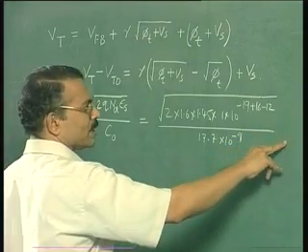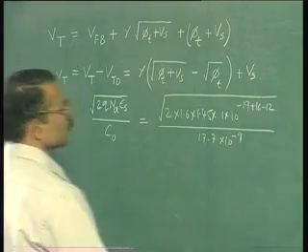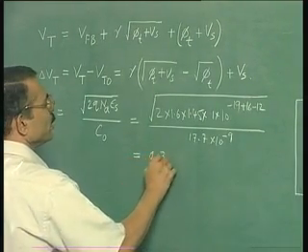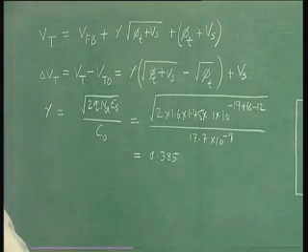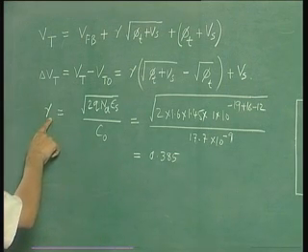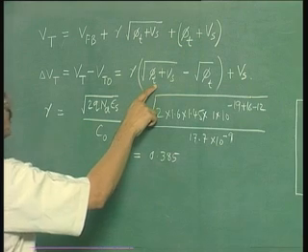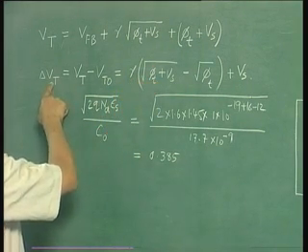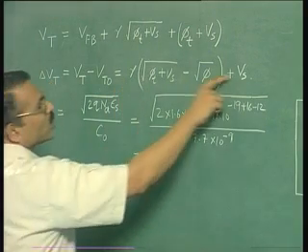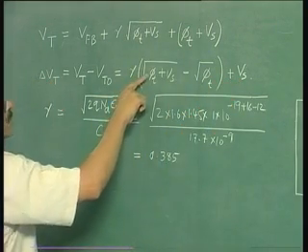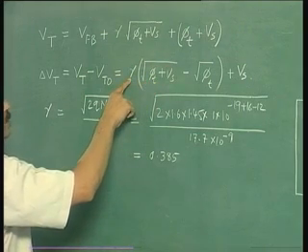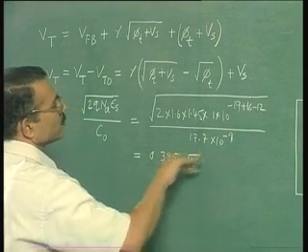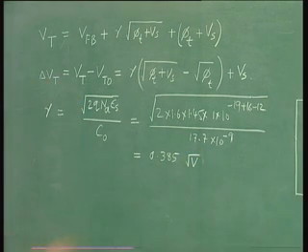I am not putting the dimensions here, but you must put the dimensions and check. So when you solve this, you will get the result as 0.385. Now what will be the unit of this body effect parameter? Please note from here that the unit of gamma into this quantity should be volts. Since this is root volts, obviously gamma should also be square root volts. So that is the body effect parameter gamma.